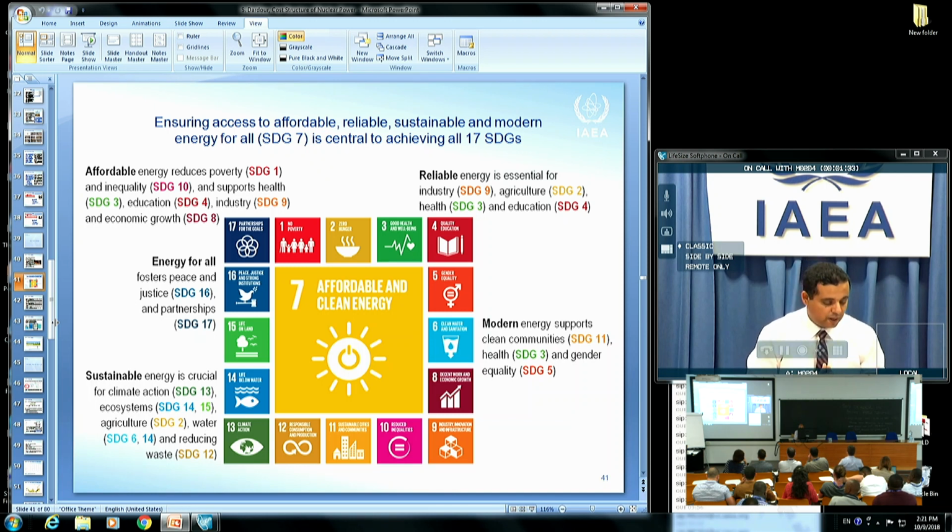The second takeaway is that in many countries, the demand for energy is growing. At the same time, there's a concern about climate change and public health.